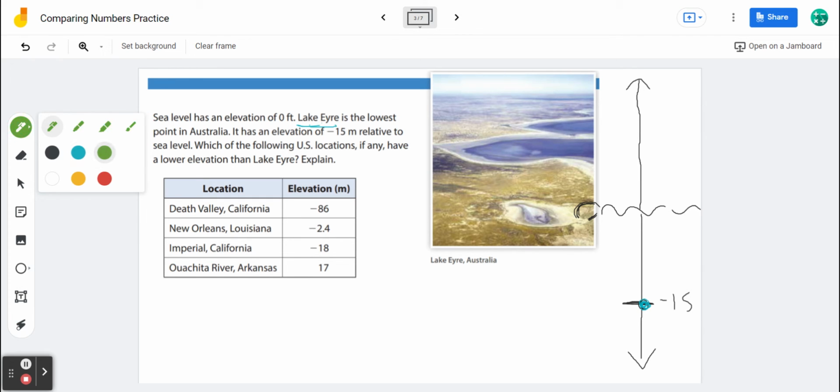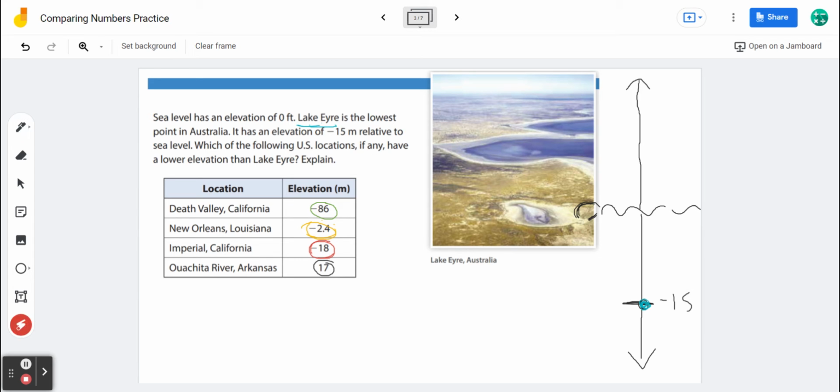I'm going to label each one of them with a different color. This is going to be green. This is going to be yellow. This is going to be red. And then we'll do black, since we already have a blue dot for Lake Erie.